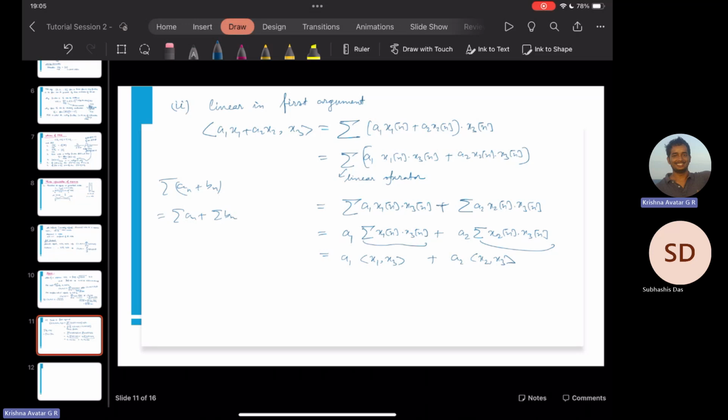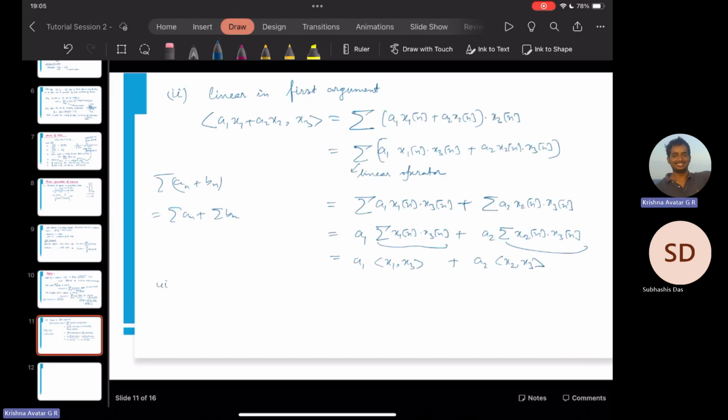Fine. Okay. Then there is one more property of this norm. It states the property of non-negativity, which implies that it's positive definite.